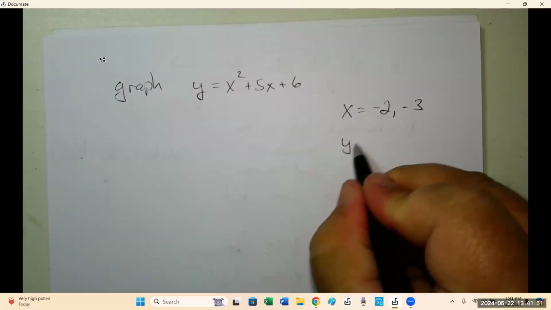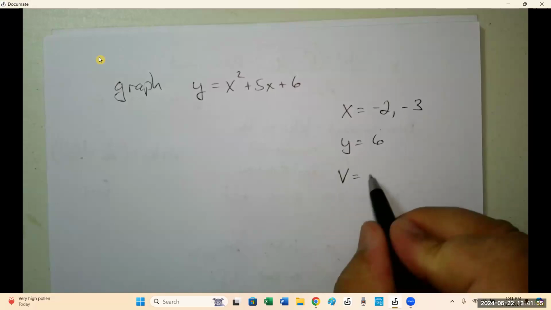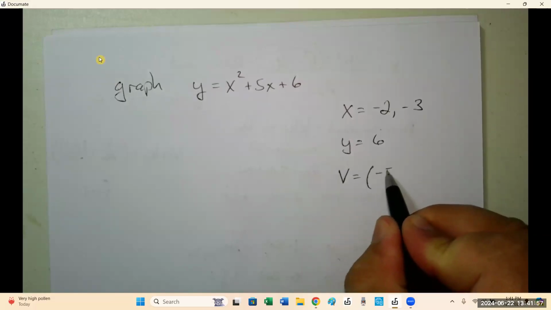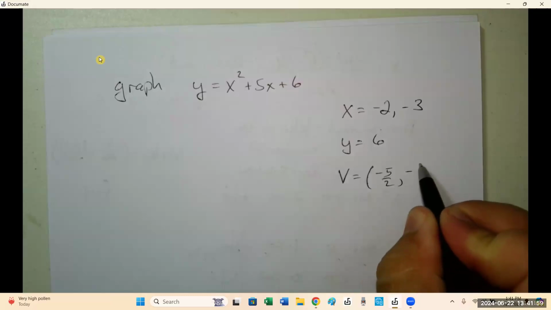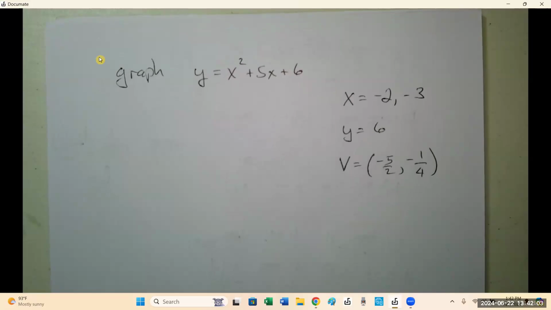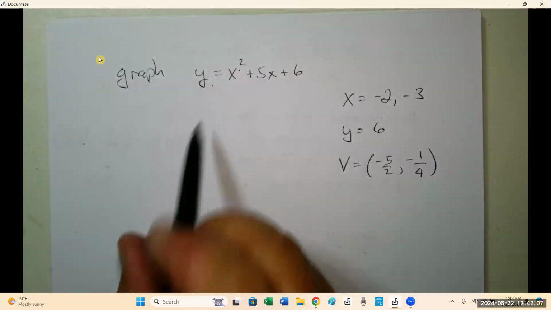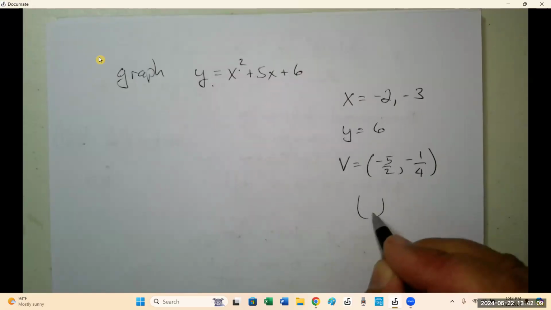The y-intercept is 6, and the vertex was negative 5 over 2, negative 1 over 4. And because it's a positive quadratic, we know the graph will look something like this.